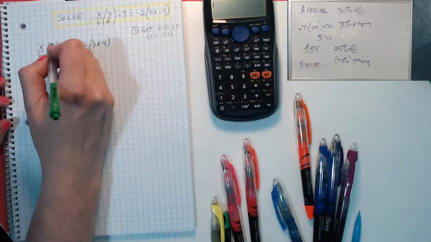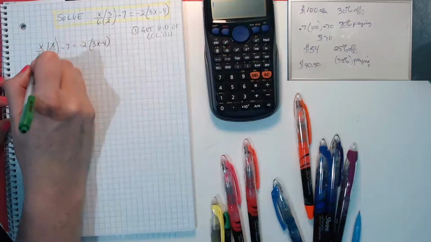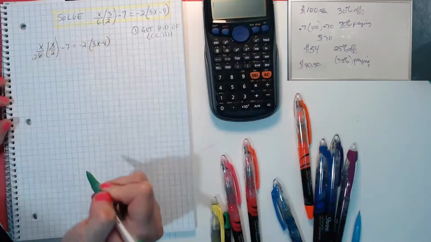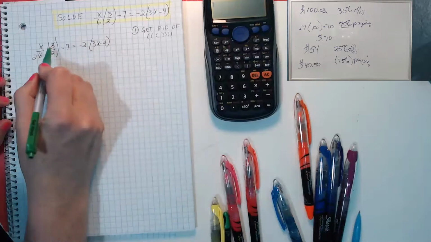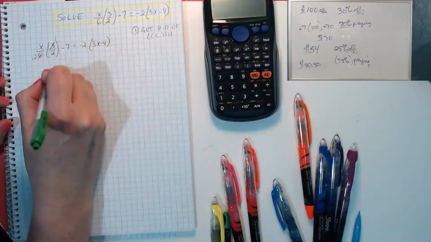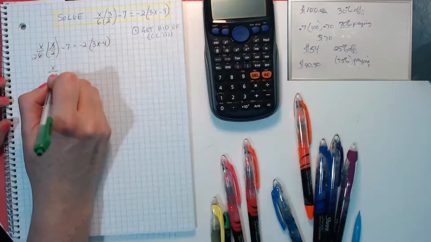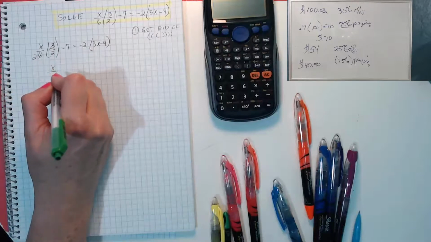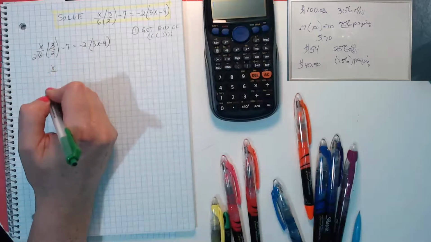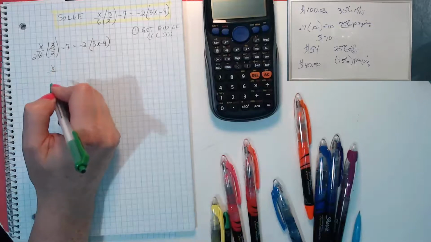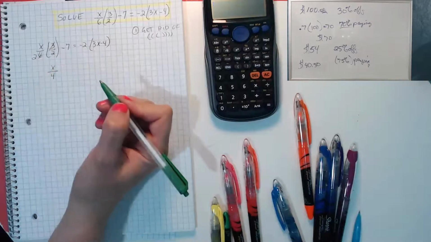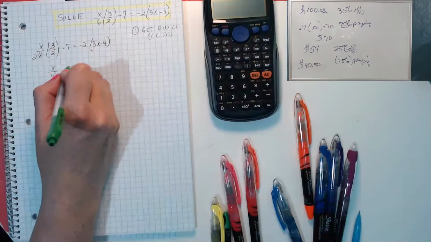The 3 and the 6 will reduce. The 3 will become 1, the 6 will become a 2. So this is going to be x over 4 minus 7.